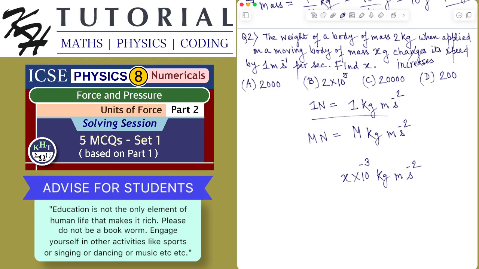This force, in the problem, it is given that this force is nothing but the weight of the mass of 2 kilogram. A body of mass 2 kilogram, its weight W will be equal to 2 kgf, and this force is increasing the speed of a moving body of mass x gram by 1 meter per second.